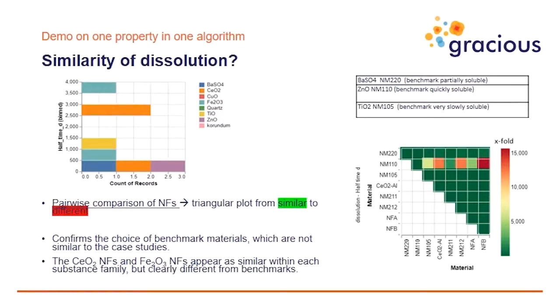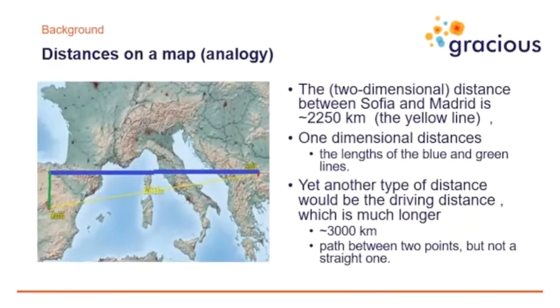The second iron oxide, nanoform B, has a very high dissolution half-time and hence is very different. This is indicated in the similarity matrix with red color and a maximum X-fold value of 15,000. Apart from X-folds, there are many ways to calculate similarity, and these are defined by distances or similarity indices.